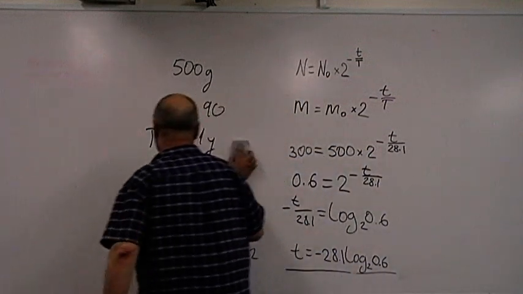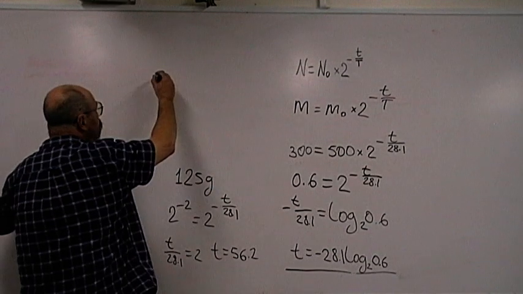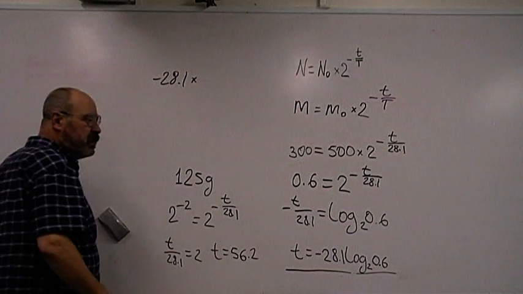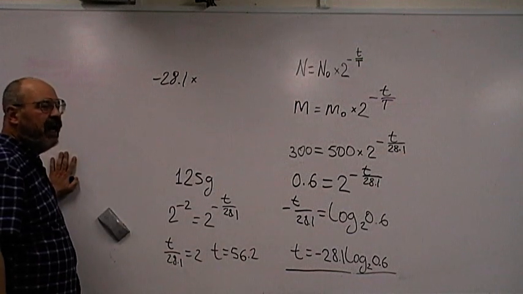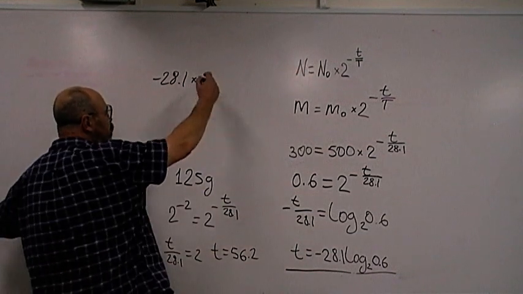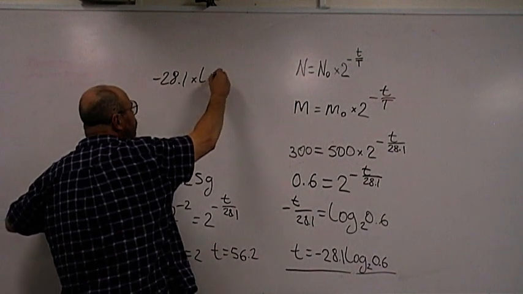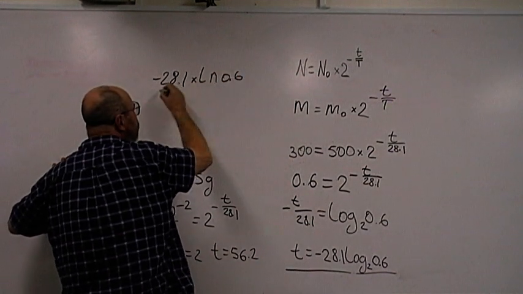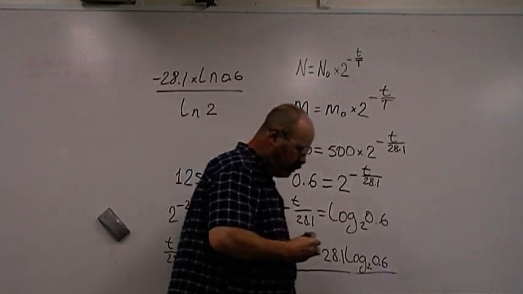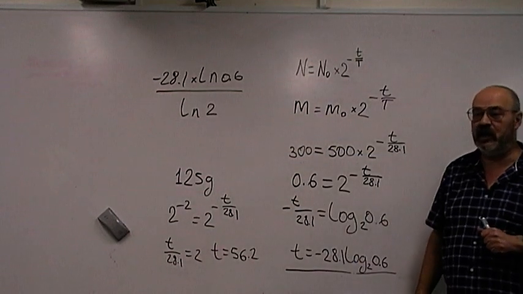For a scientific calculator, what you need to put in is negative 28.1, times, and you have the button ln, the natural logarithm, on the scientific calculator. You multiply by ln 0.6 and divide by ln 2. What's ln? ln means natural logarithm, the logarithm with base e.